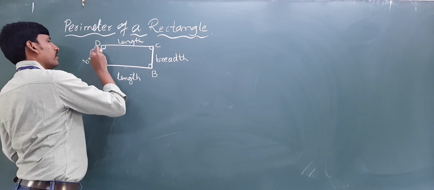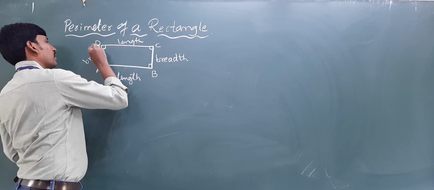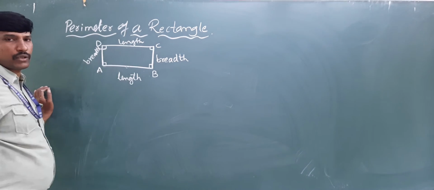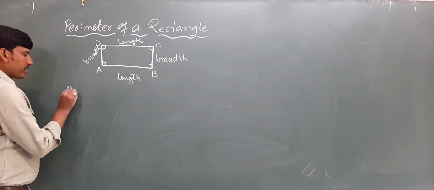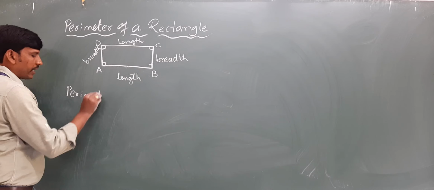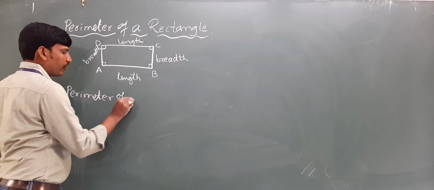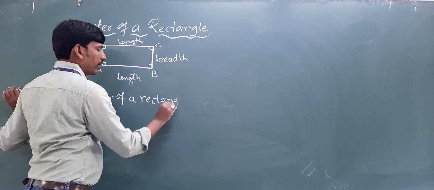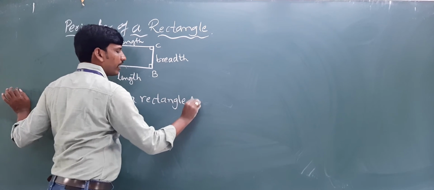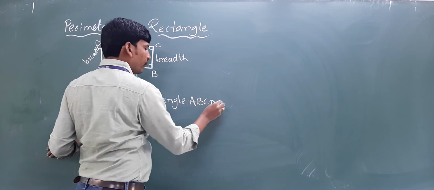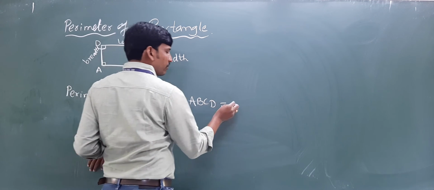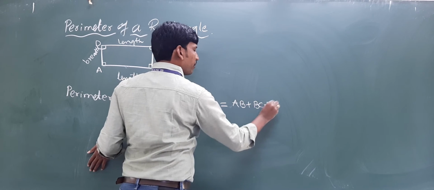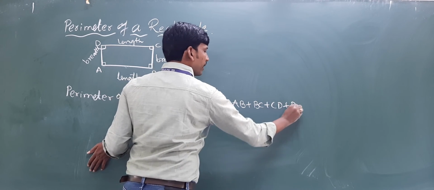Now the perimeter of rectangle ABCD is equal to the sum of all the sides: AB plus BC plus CD plus DA.